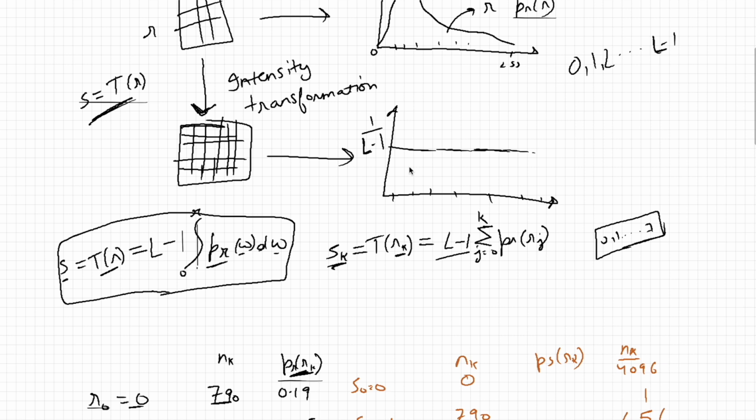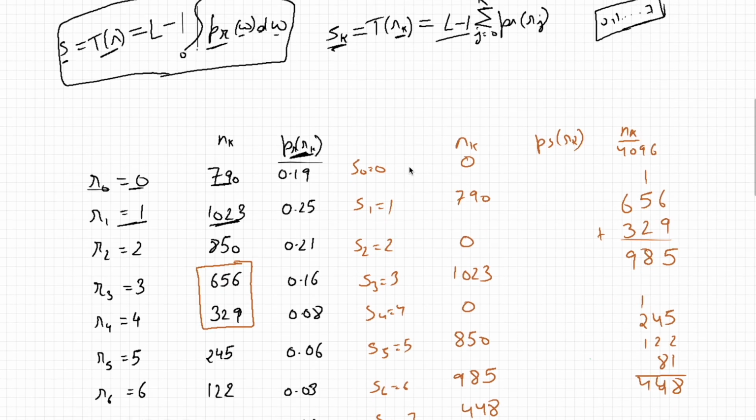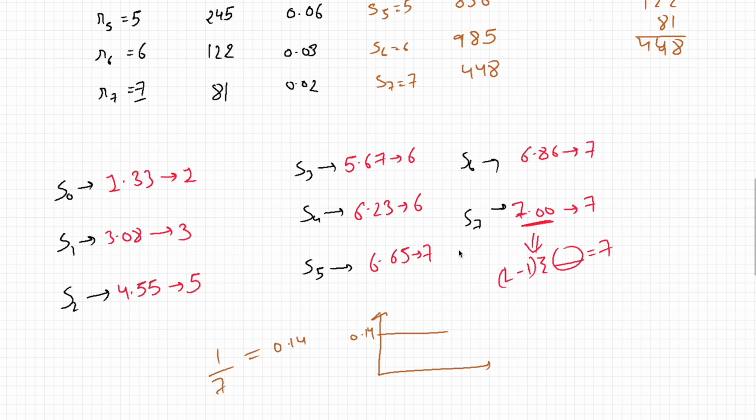Well, according to me, we did some round off, right? So this was 5.67, we rounded off to 6, because in the output image we have the constraint that all the pixels will be integers from 0 to 7, so we cannot have this as a pixel. So maybe it is this.